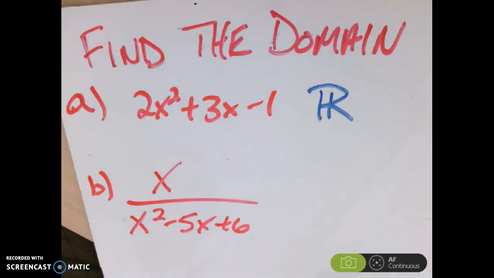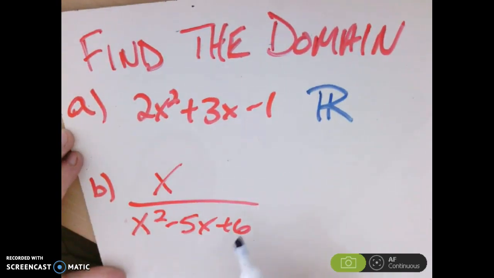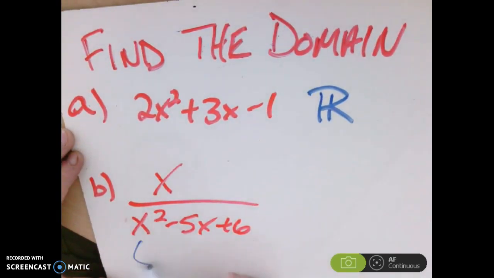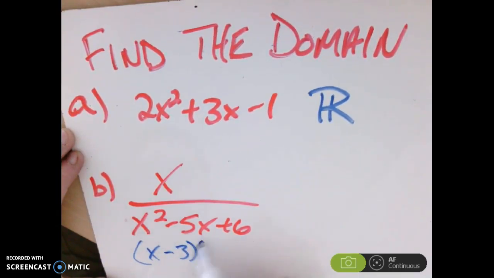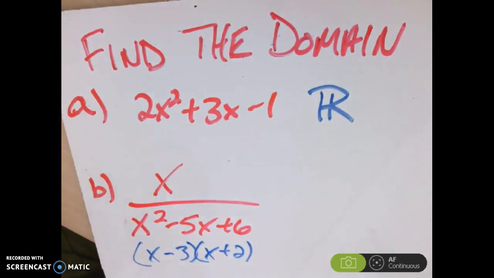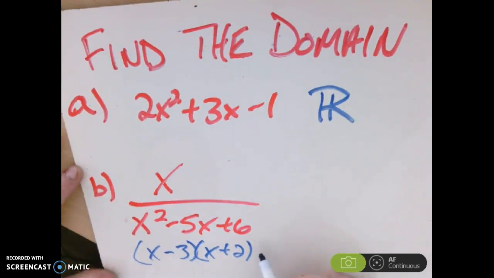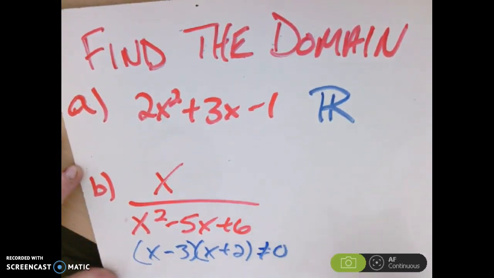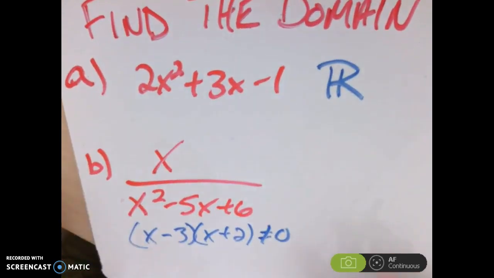Well, right now I don't know, but what I can do is factor this, right? Are there factors of 6 that add up to -5? Yeah, sure. It could be written as x minus 3 times x plus 2. And I know that I want this to not equal 0. So this can't equal 0, and let me just solve it so that I know what the denominator can't be equal to.